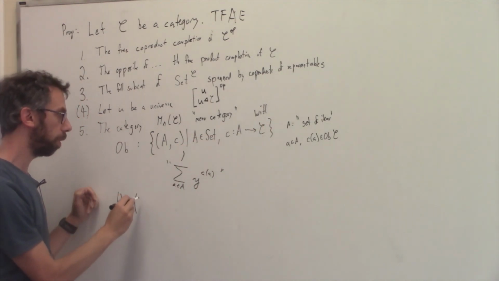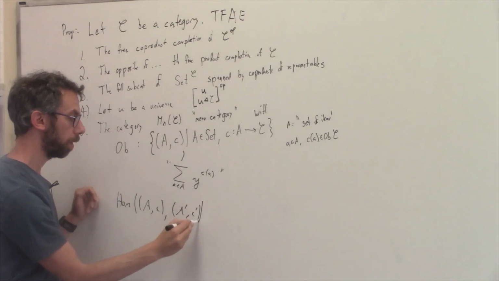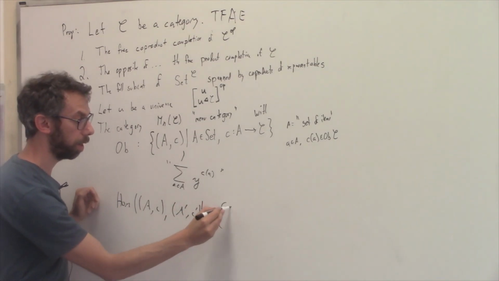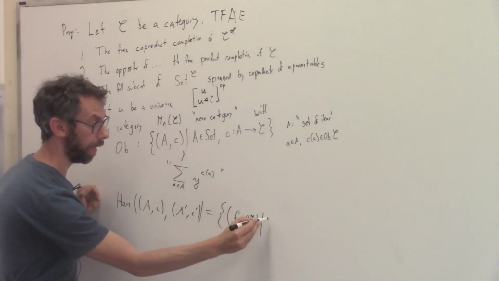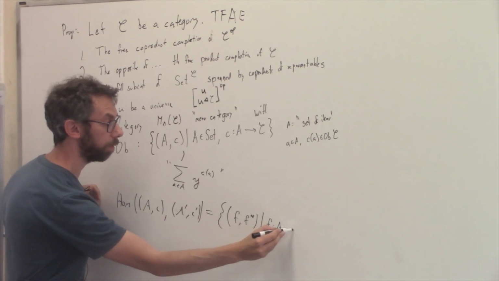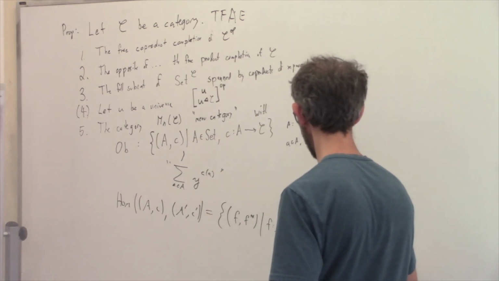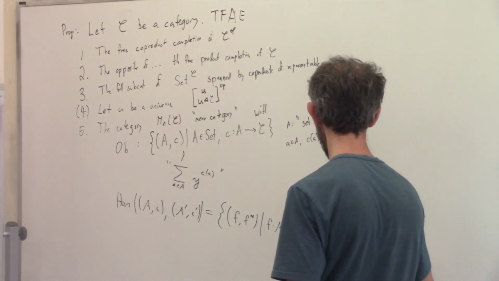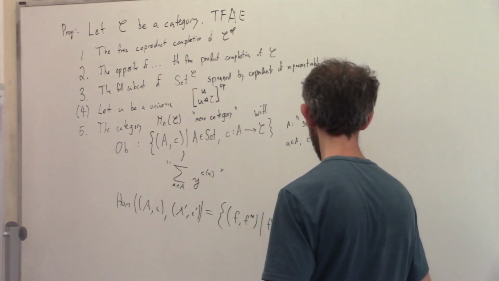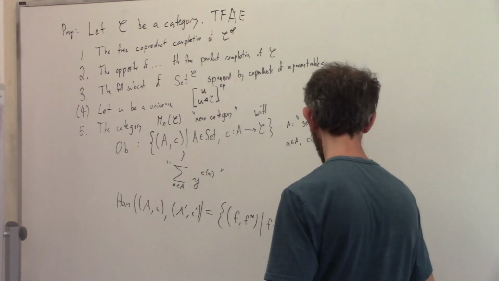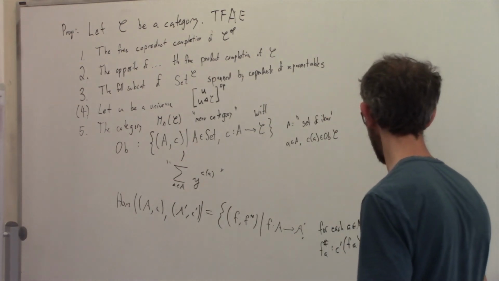And then Hom from one object (A, c) to another object (A', c') is going to be a pair (f, f sharp), where f goes from the indexing set of the first one to the indexing set of the second one. And then for each a in A, f sharp sub a goes from c'(f(a)) to c(a).